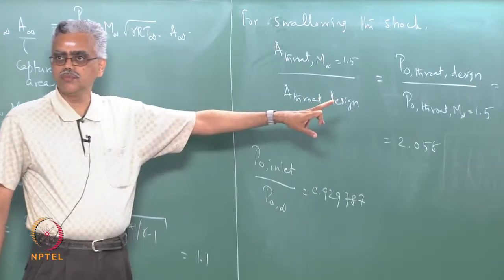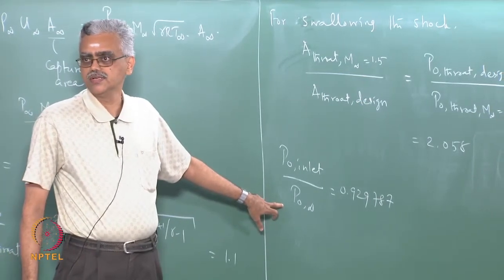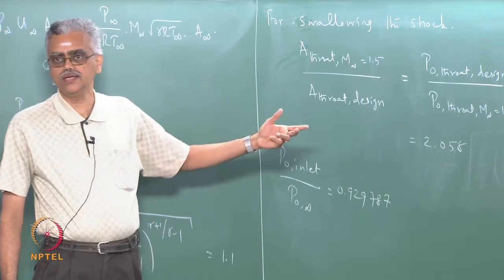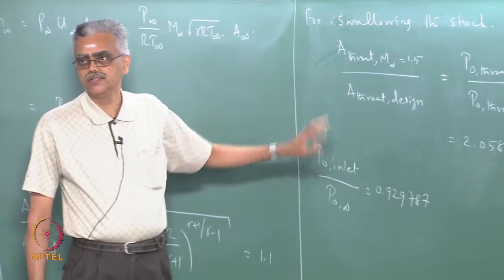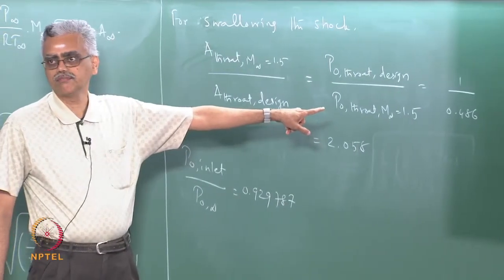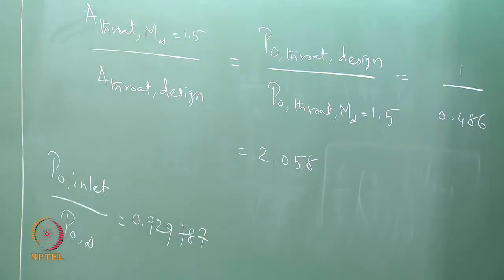It is not 1 over 0.929 because P0 infinity is not the same in both cases. P infinity and T infinity are the same in both cases. So you need to relate this to that and then evaluate this ratio. That is why the number in the denominator is not this but 0.486. Alright. So this is how much the throat area has to be increased to swallow the shock.